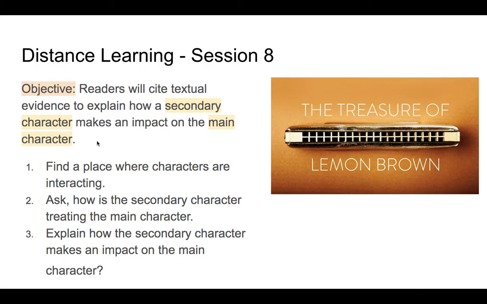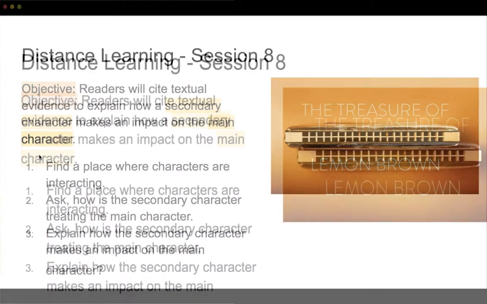So what I'm going to show you is how you can find a place where the two characters are interacting, ask how the secondary character is treating the main character, and then use that to explain how the secondary character makes an impact on that main character. Why this is important is it can help us to understand how the plot of our stories unfold by thinking about why a character acts the way that they do based on how other people are treating them.